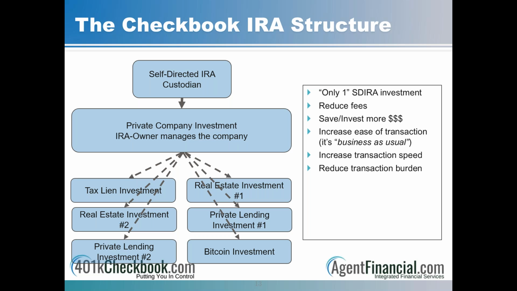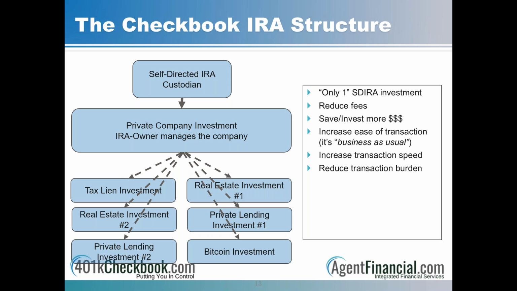What we do is we create a private company, and it has paperwork and documentation to make sure it will be compliant and be approved by the custodian for funding. And we tell the custodian we are making a private equity investment inside of a company that we've created for this purpose. Well, the company will have a bank account, and the self-directed IRA custodian will move the money that it's holding in the IRA account to the company bank account.